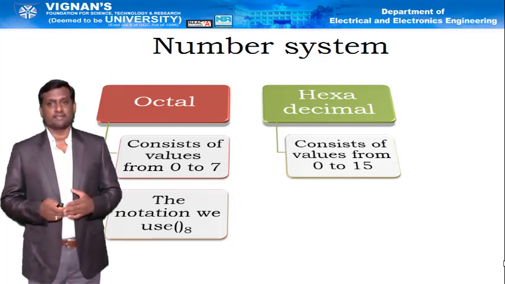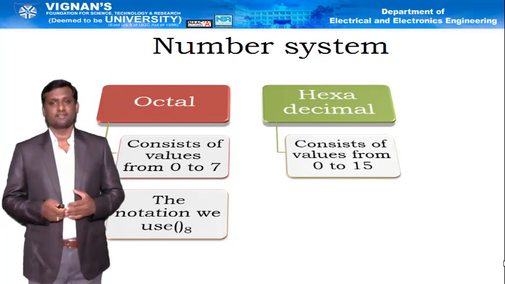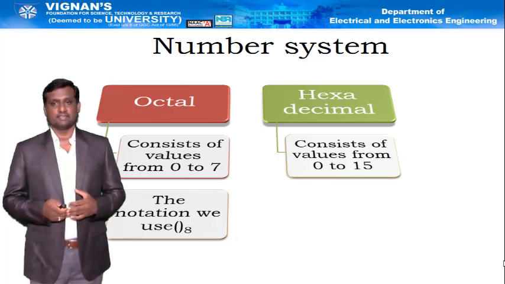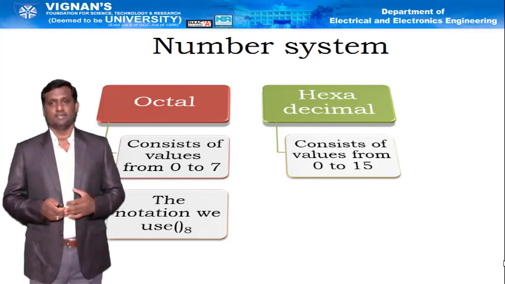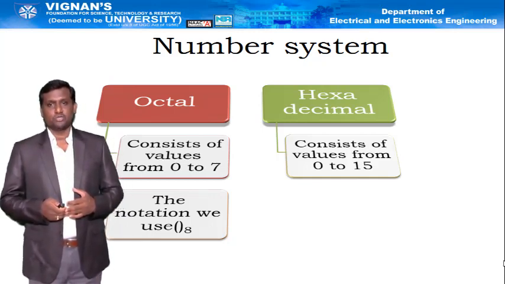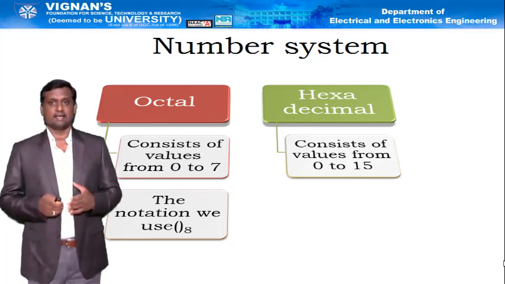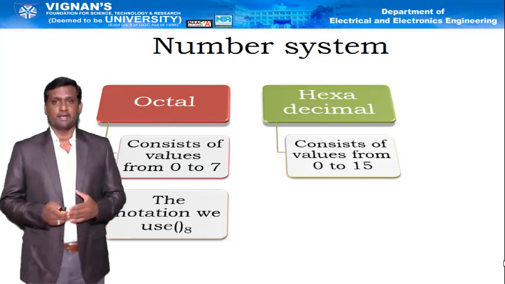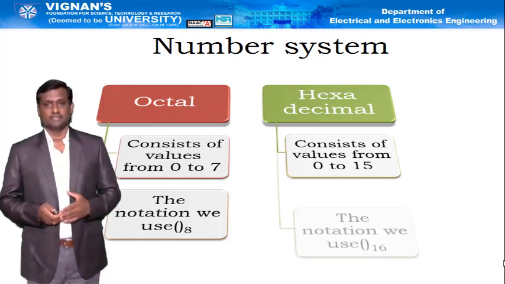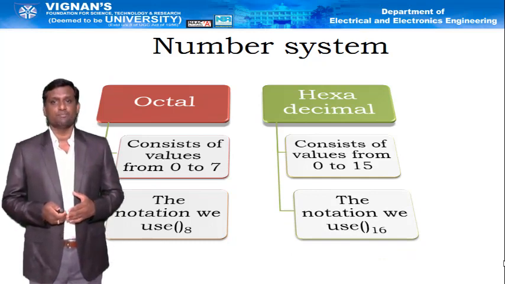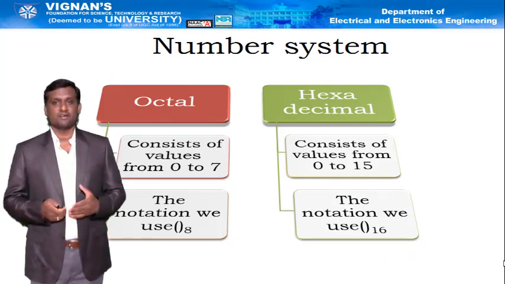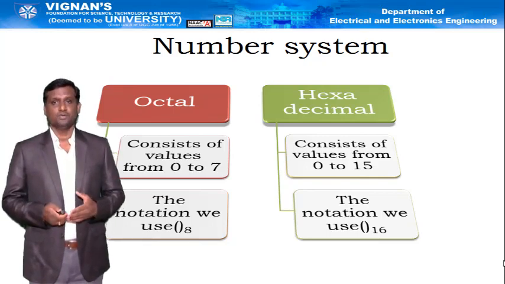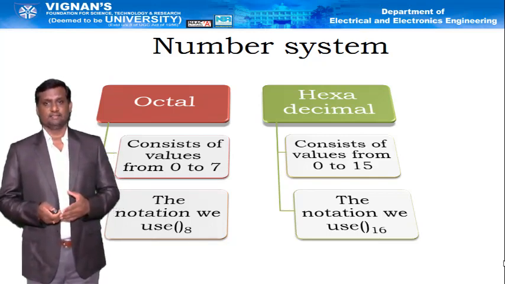So 10 represents A, 11 represents B, 12 represents C, 13 represents D, 14 represents E, 15 represents F. Like that, 0 to 9 are the digits and A to F are the alphabets usually used for representation of the hexadecimal number system. So the notation followed is base 16 because it has 16 values.